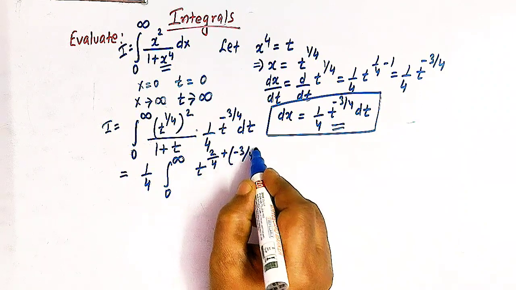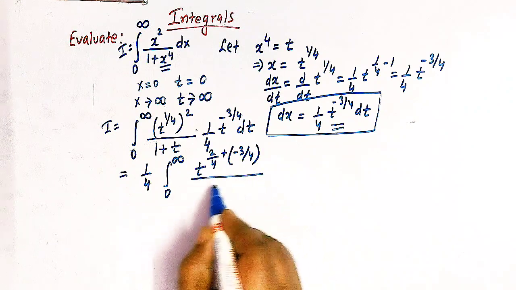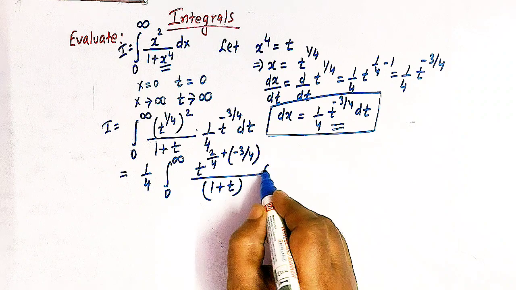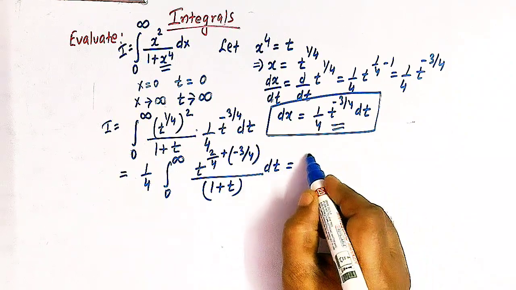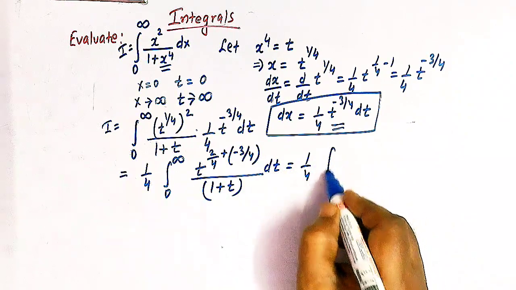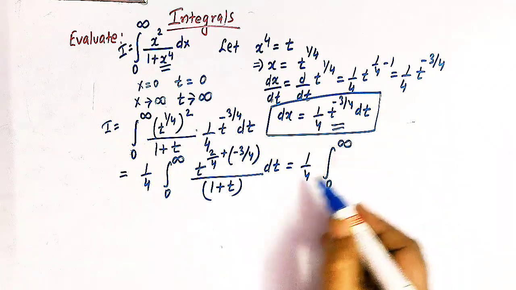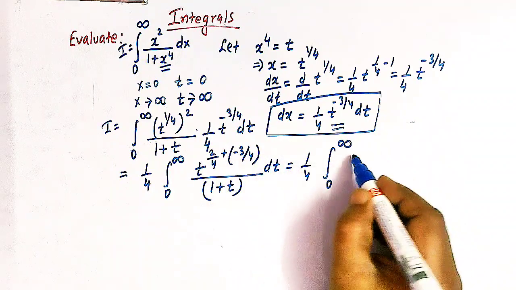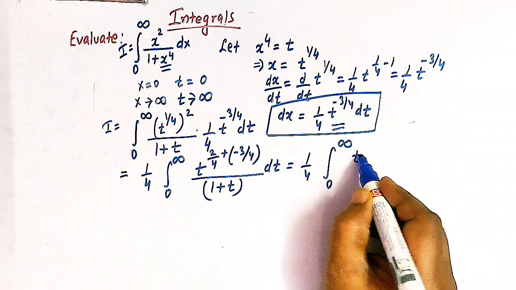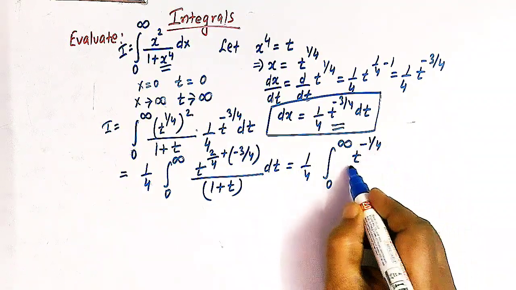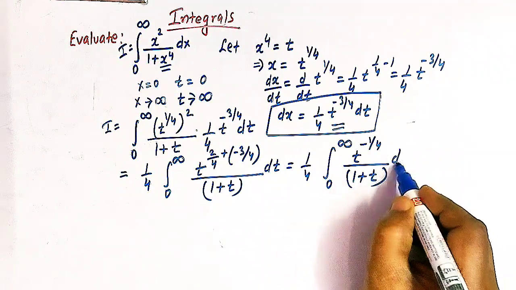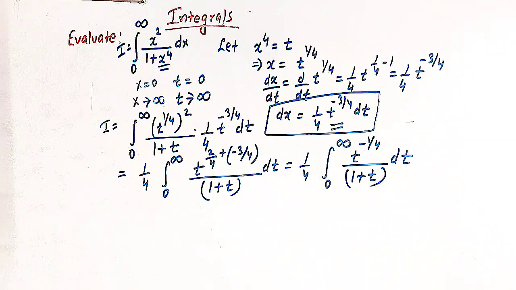So here we have minus 3 by 4, and in the denominator we have 1 plus t. Okay, so now we can write it as 1 by 4, integral 0 to infinity, and here 2 minus 3 is minus 1, so we have t raised to minus 1 by 4 over 1 plus t, and this is dt.